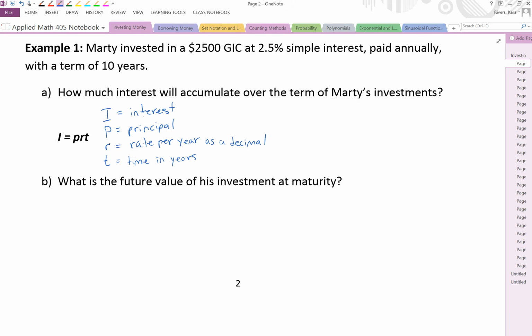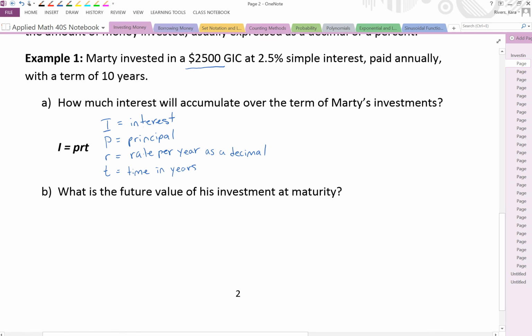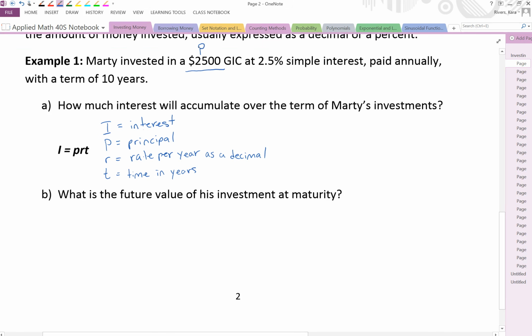And when we're talking about the principal, that's the initial amount of money that you have invested, so your starting value. If we look at the question here, it says that he invested $2,500. So that would be our principal. That's the starting value that he's putting in this GIC.